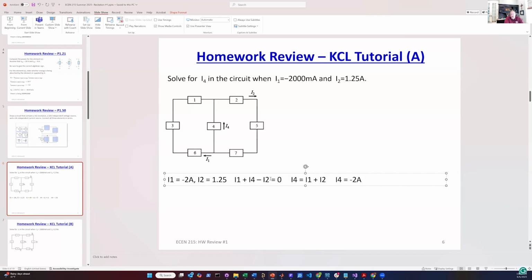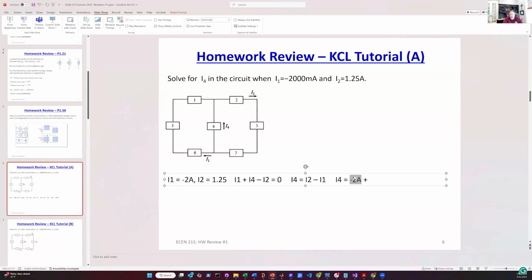So I1 was minus 2 amps. So minus 2 amps plus I2. Let's see, what do I get? Hold on, it should be I2 minus I1. I've got to pay attention to my algebra here.